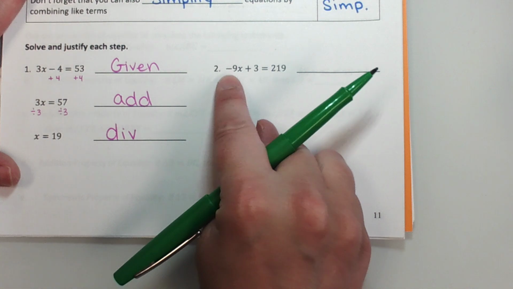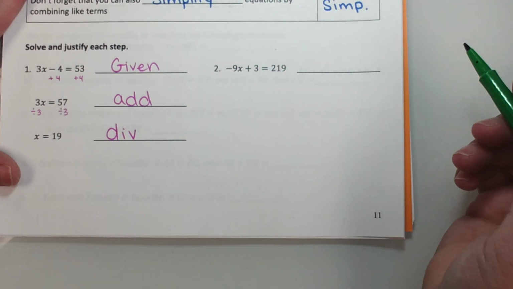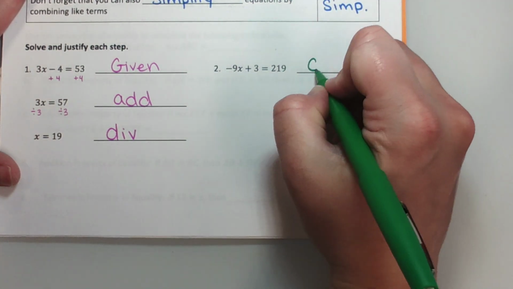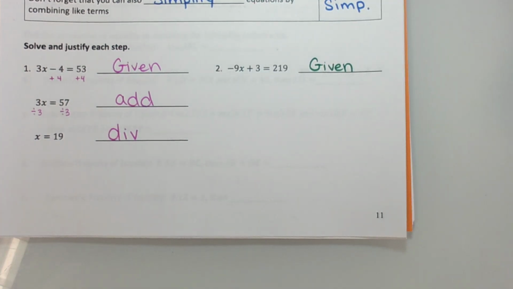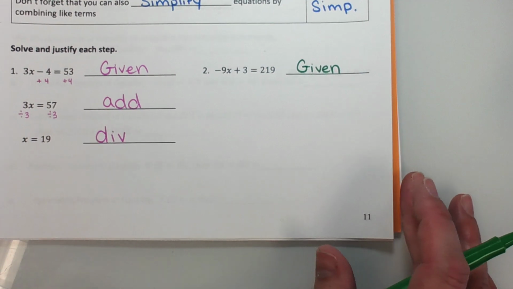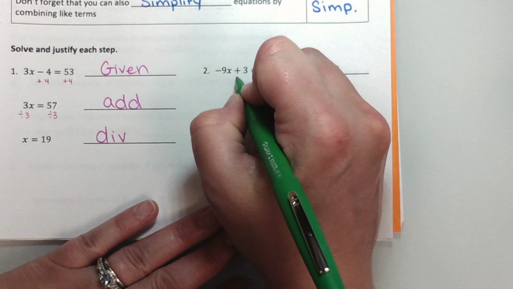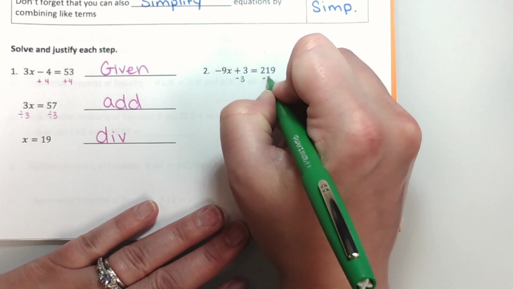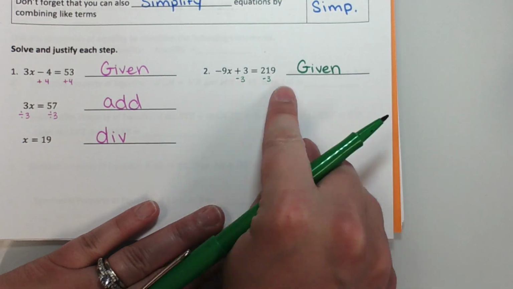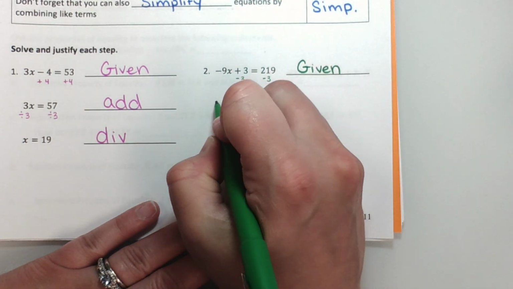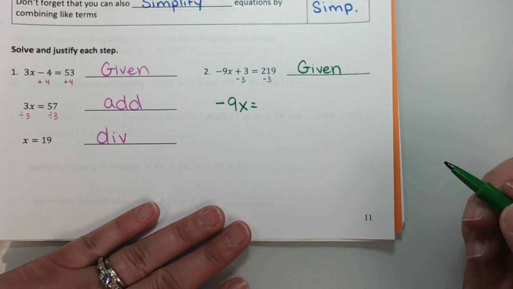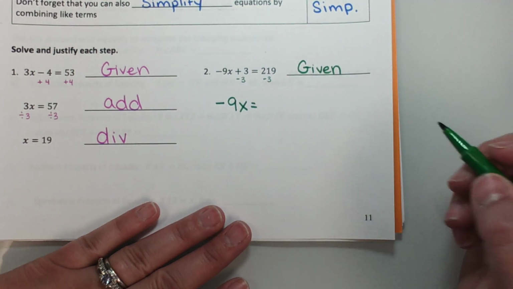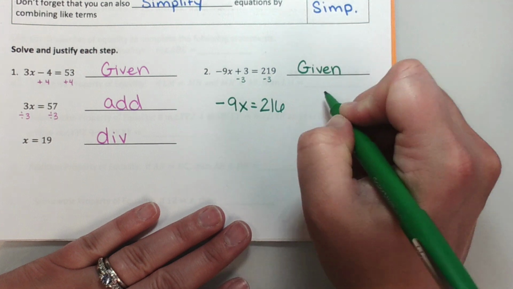Okay. Negative 9x plus 3 equals 219 is what we are given. I want to solve that. Next thing I'm going to do is what? Minus the 3. Again, I don't have to write that piece. The part I do have to write is negative 9x equals 216.